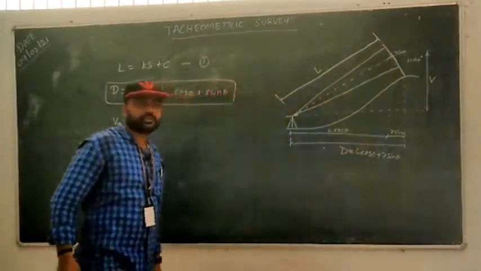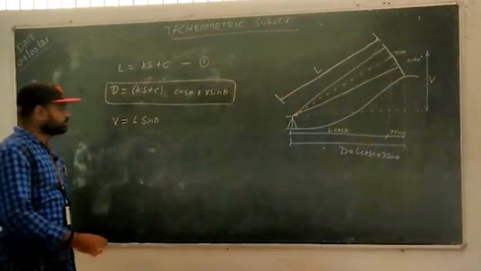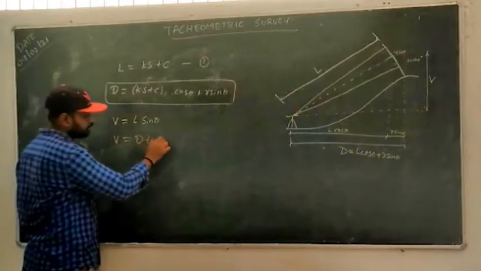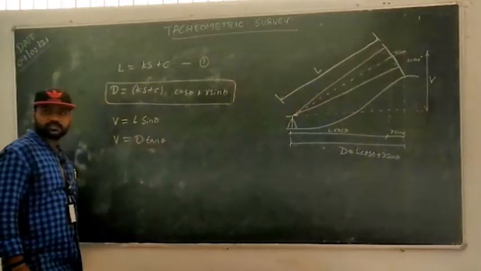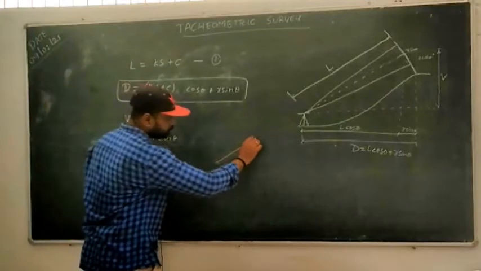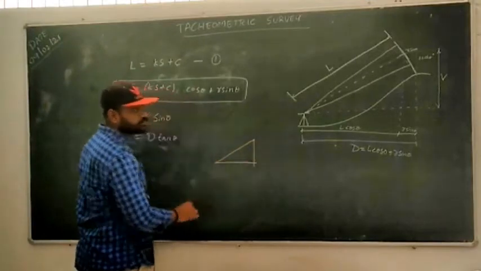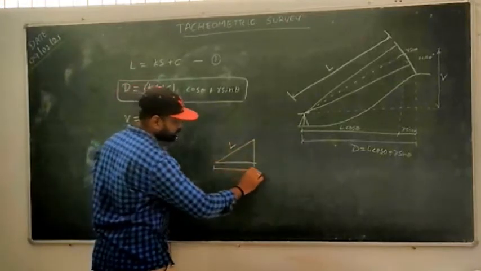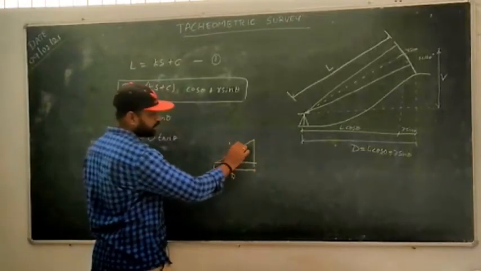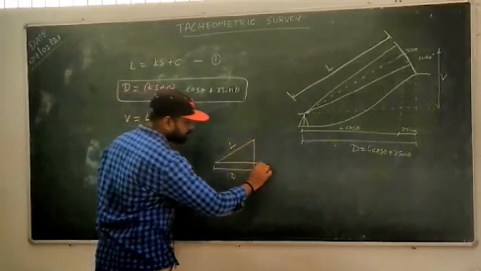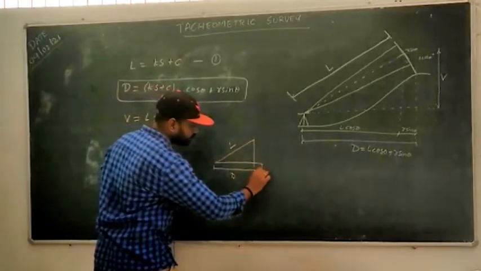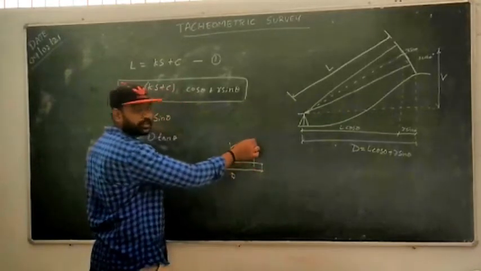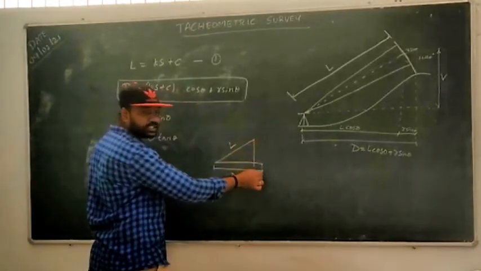Or there is another formula. You know V is equal to D tan theta, yes or no? So this is L, and say this is your D, but L stops here only because our D comes up to here, the additional part. So this will become your D, but L is up to here only, and the remaining is left over here.